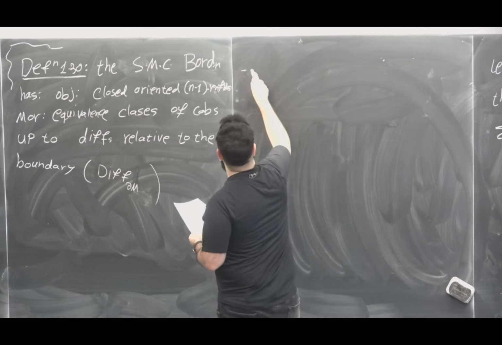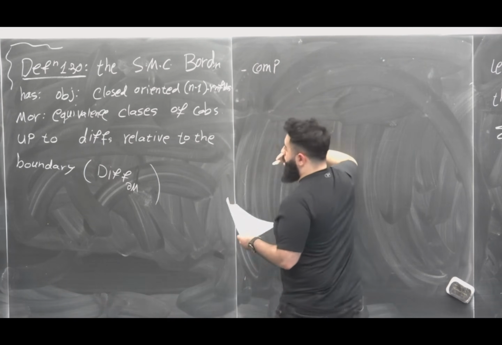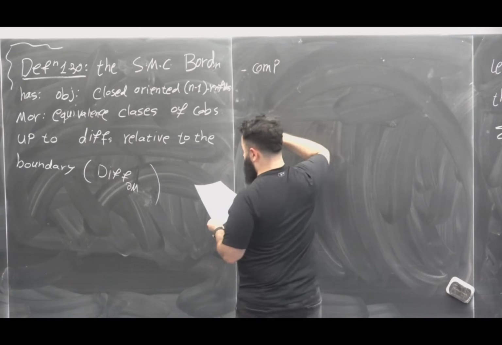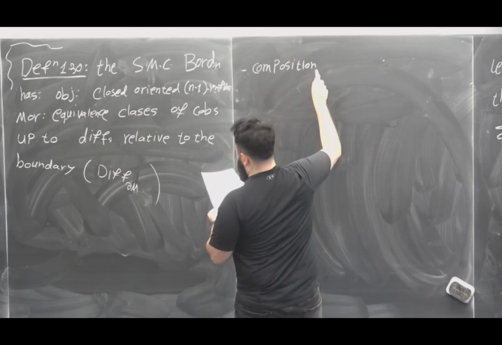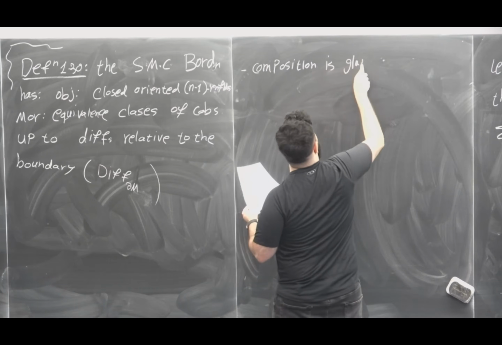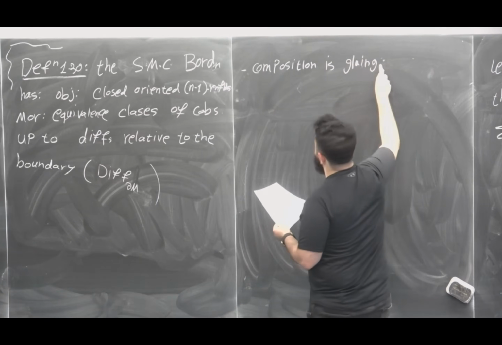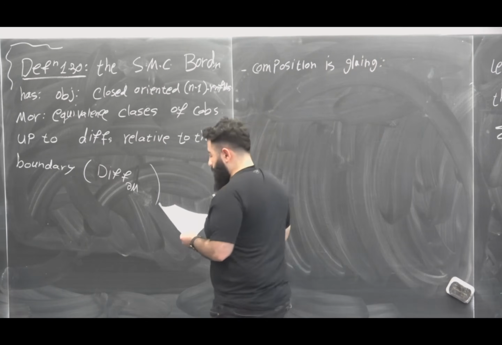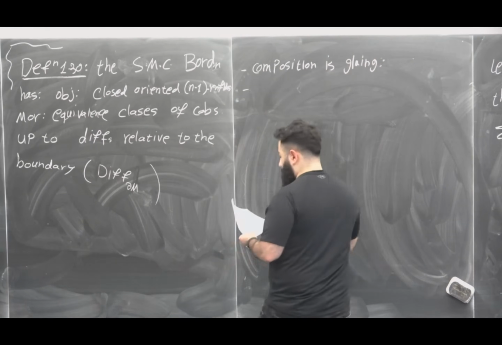So our compositions, always the composition of our morphisms in our category, composition is gluing. That's nice for people interested in differential topology. This is fun. It's not just abstract category theory, there's some differential topology here.